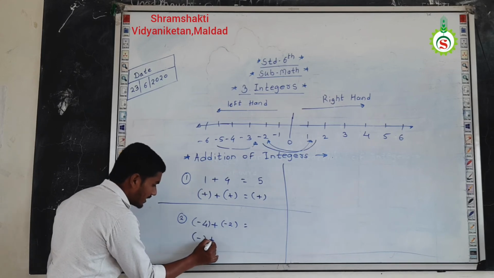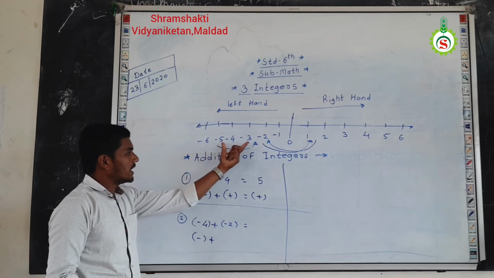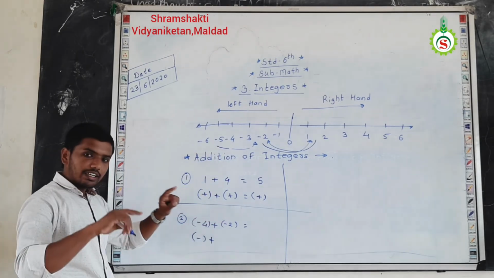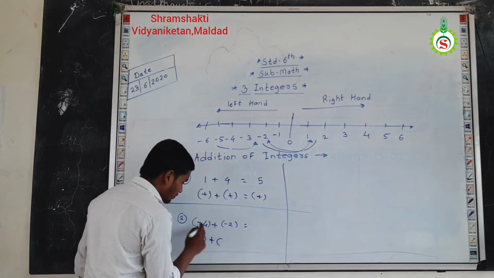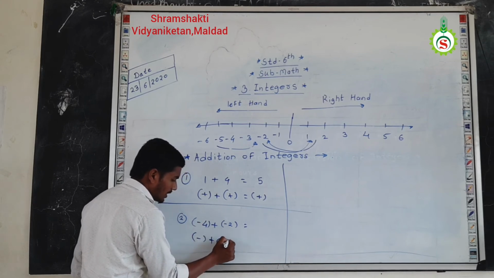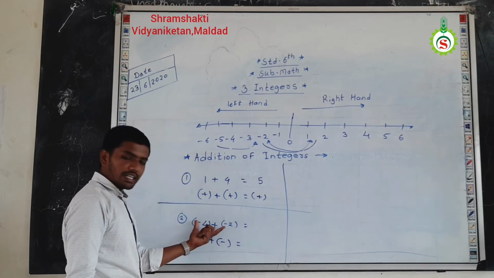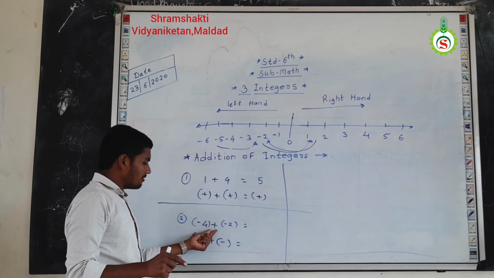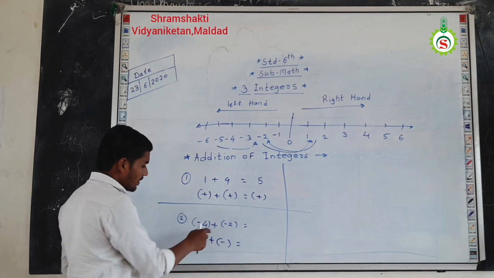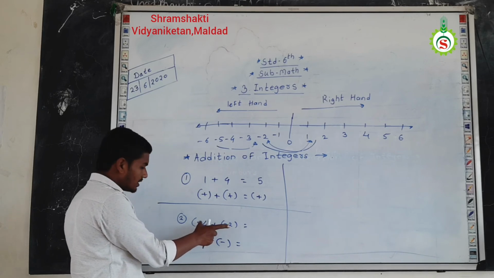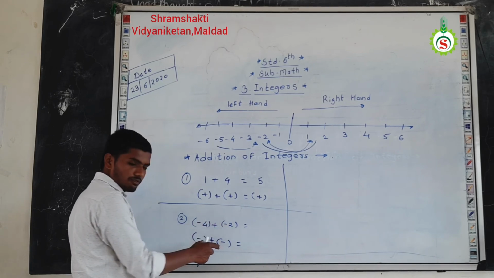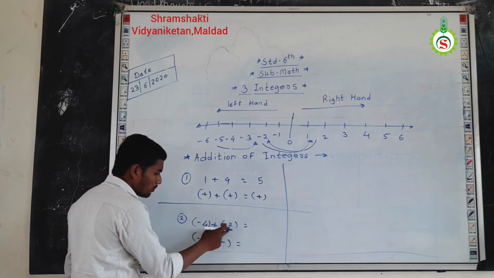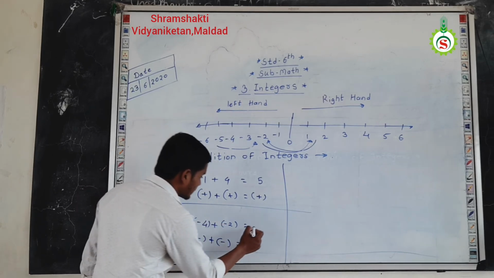And what do I have to do? I have to do the addition, because there is a transfer within the region. That means both numbers have negative sign. So 4 has minus sign, 2 also has minus sign. Both numbers have minus sign. That means within the region there will be addition. Okay. And if both numbers are from the same region, I will do simply addition. So 4 plus 2, 6.